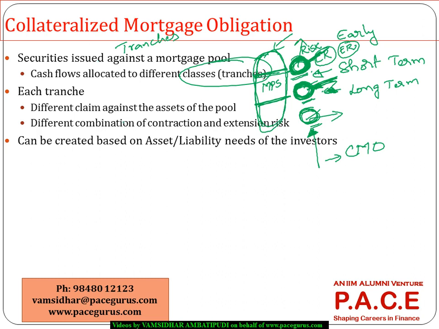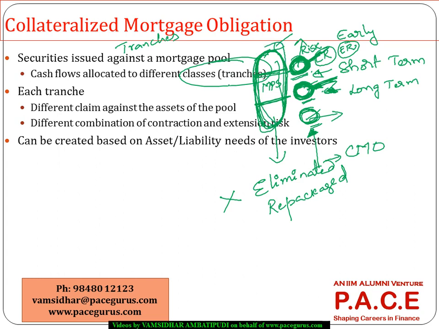But one thing is, whatever the contraction and extension risk present in these underlying cash flows, it is not eliminated by the CMO process. It's only repackaged. So instead of everyone being exposed to contraction and extension risk, some set of investors will not be exposed to any of the risks.